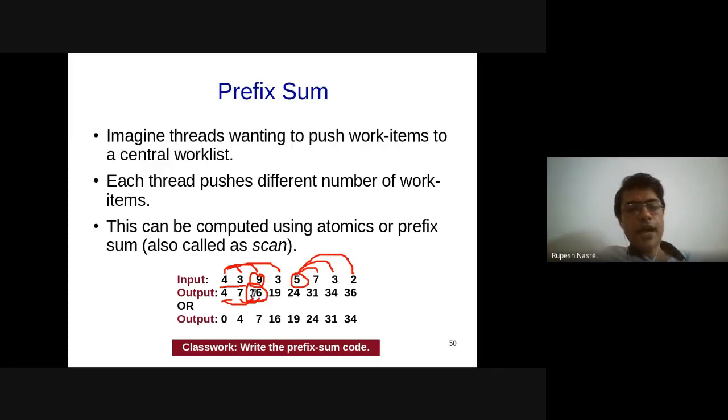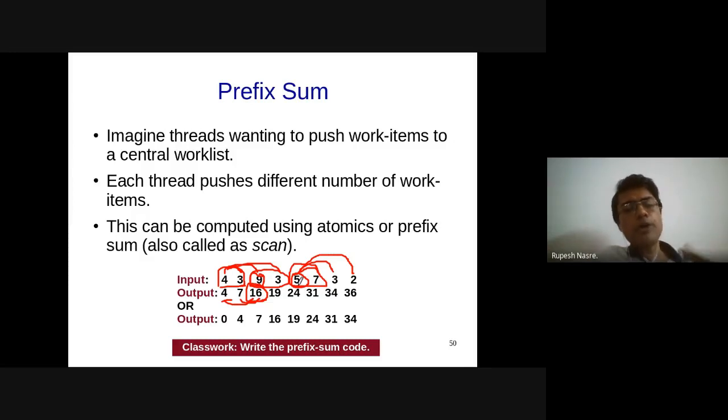But once I have computed 16, I don't have to wait for 4 plus 3 to be computed for summing of 9 plus 3, right? Similarly, 5 plus 7, the way I was doing reduction, that can be done in the same step.